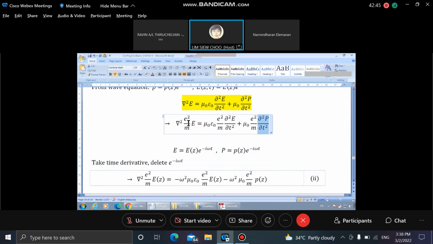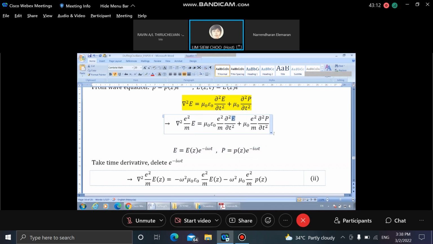When we substitute the field, we need to substitute the amplitude with the z dependence, and also the z dependence of the p. But the time dependence is always in the exponent, minus i omega t. So we substitute the e with this into here.